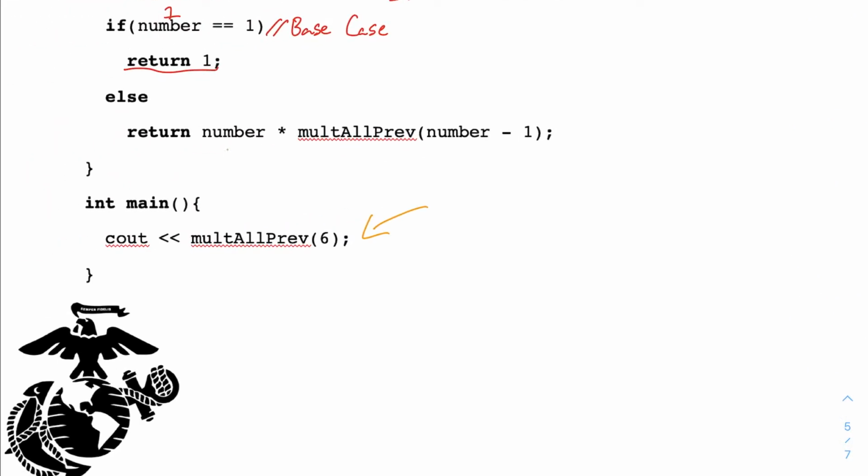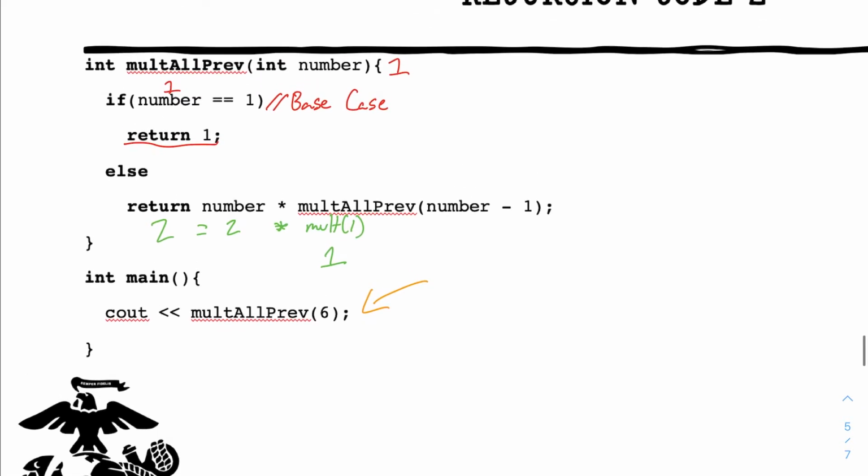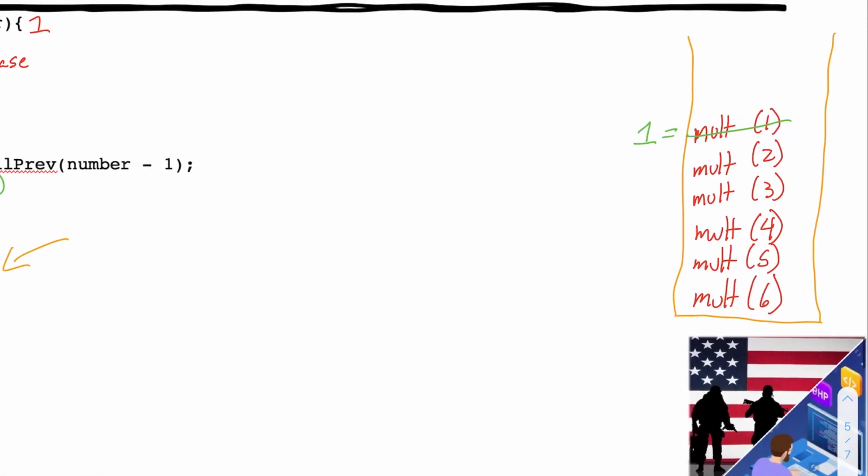So the function we're referring to is 2, times mult of 1, which actually equals the value of 1. And we know 2 times 1 equals 2. So it is going to return 2 back to the function that called it. So that gets popped off the stack, and like we said, it's going to return the value of 2.